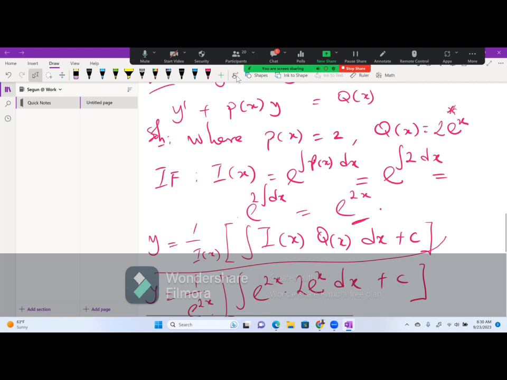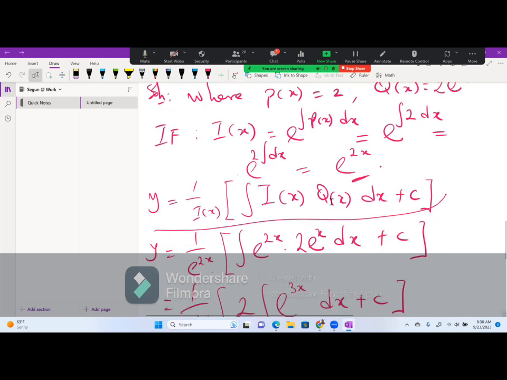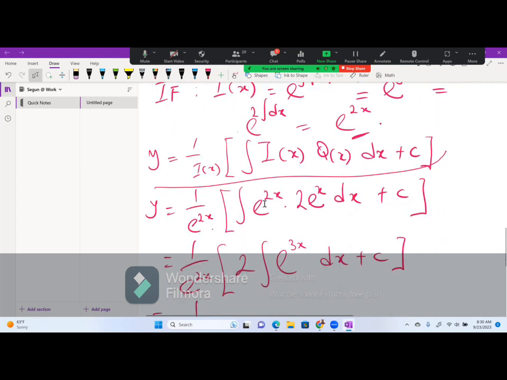Now, after you have these two together, take the 2 out as a constant. You know from the law of indices, anytime you have a raised to power x multiplied by a raised to power x, what is it?